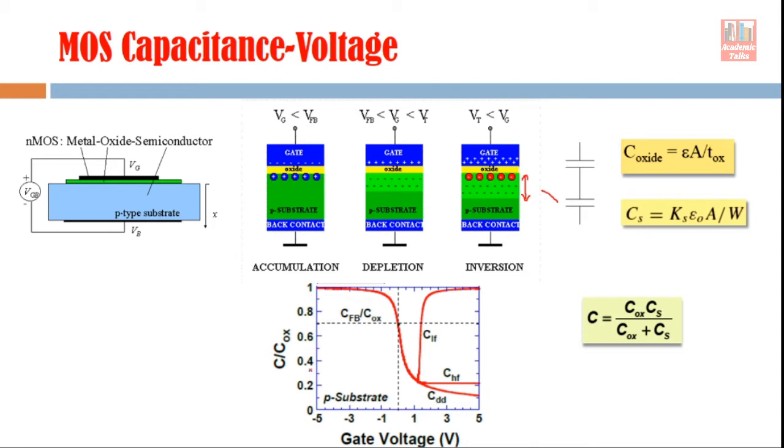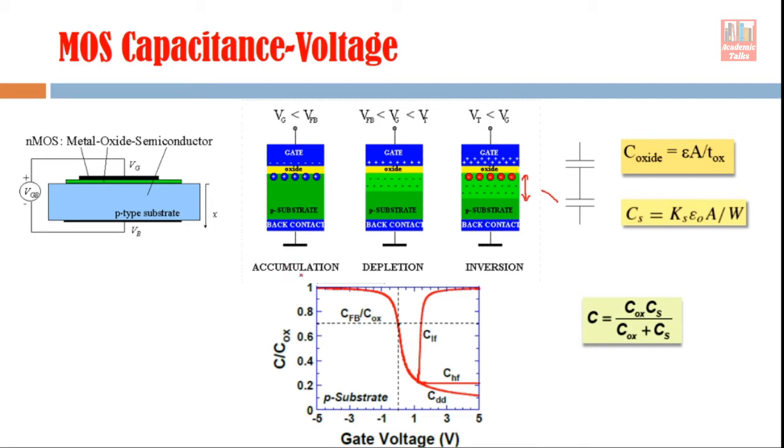On the y axis it is net capacitance, but here you see this is C over C ox, means the final capacitance is divided by the oxide capacitance. When you are applying this negative voltage here, you are somewhere here in the accumulation region.